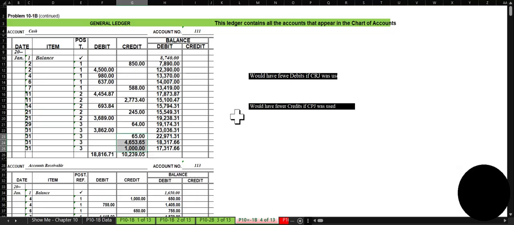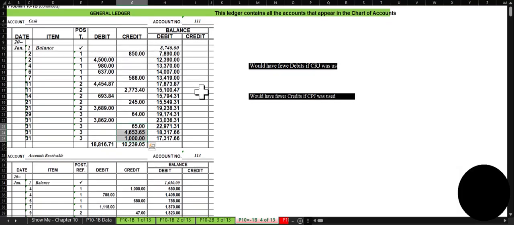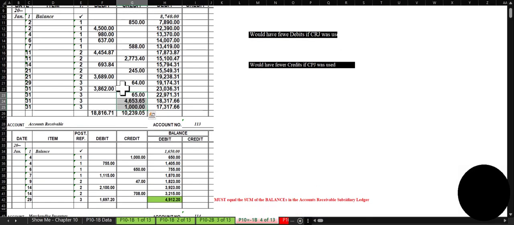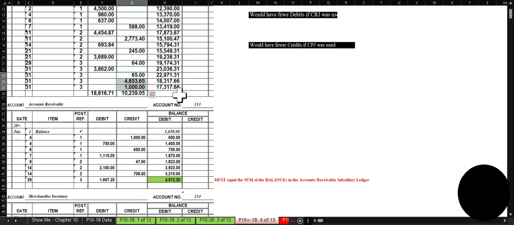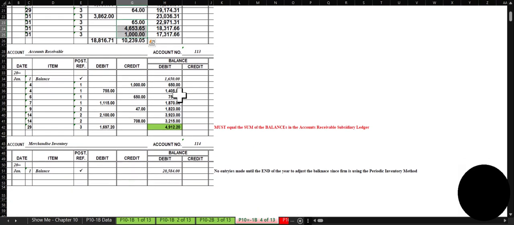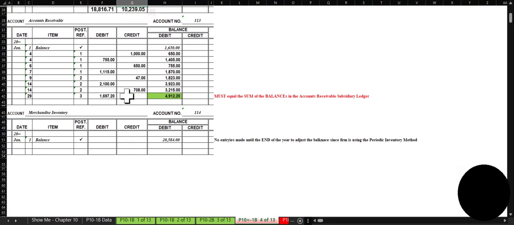So the use of the specialized journal would minimize the number of entries in the cash account. But it doesn't change the fact that when you make a payment, that's a decrease or a give, a credit to cash. And when you have a get or a receipt, it's a debit to your cash account. So these are all the accounts in the general ledger.